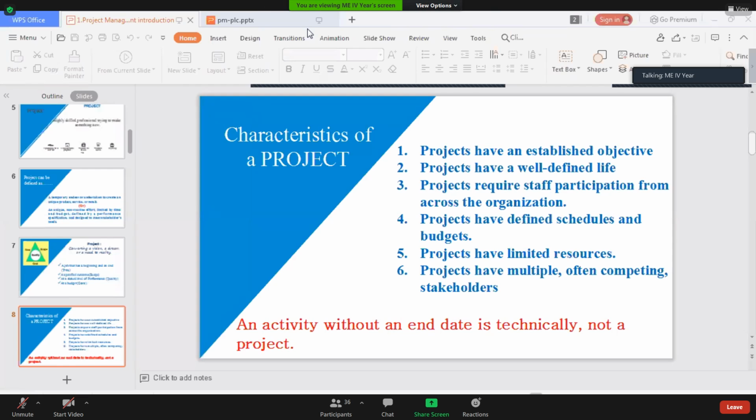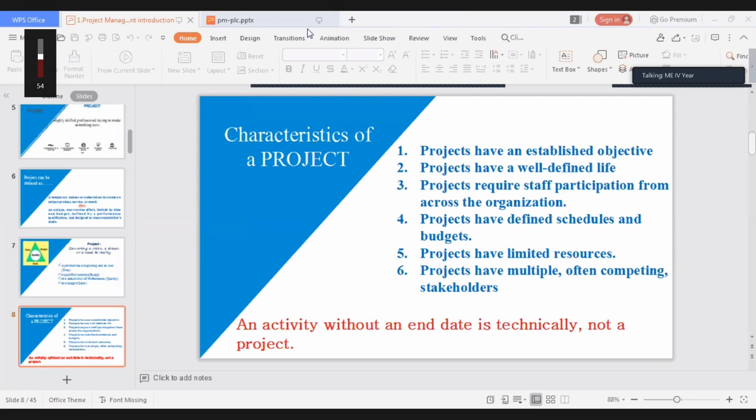3 people to mark their attendance. Please mark your attendance.